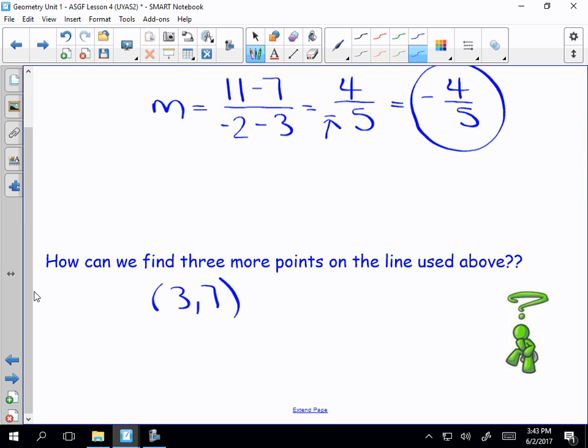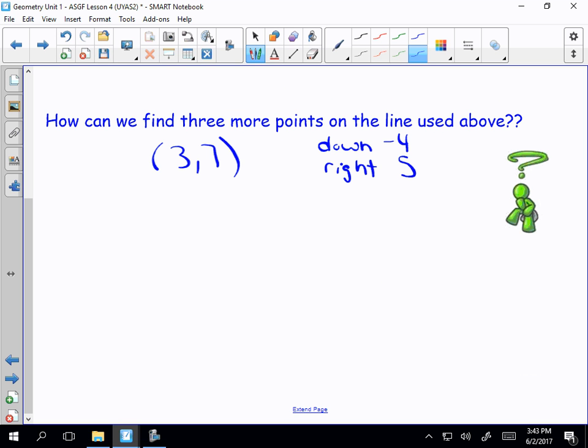So from this point, I would have to go down 4 and right 5. Now I could even flip this around. I could go up 4, but then I would have to go left 5. So we can use that slope as a counting tool to finish and find some extra points.